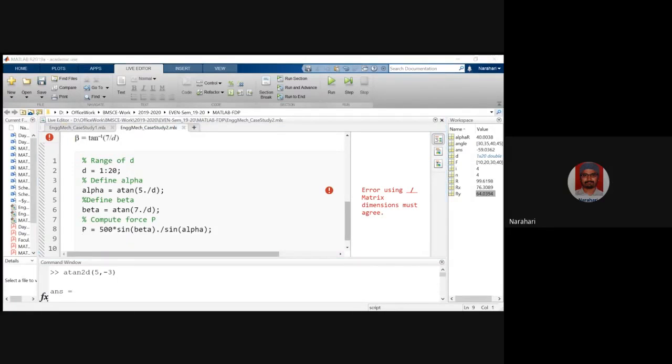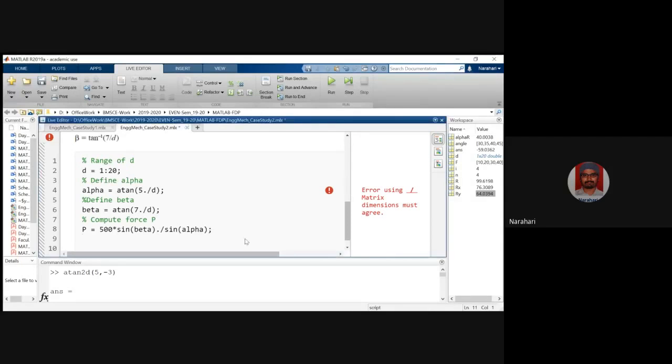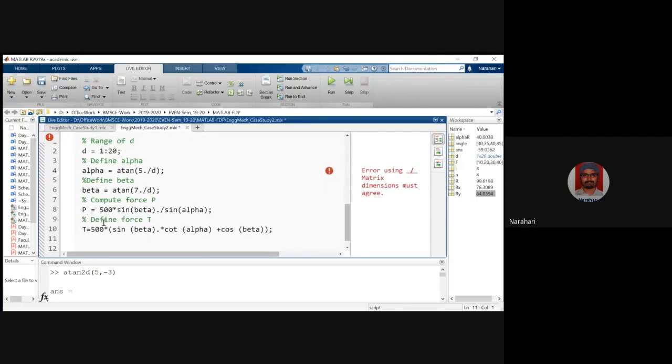And similarly, okay, compute force T. Again, here we are multiplying two vectors. We are using the dot operator for multiplying, right?